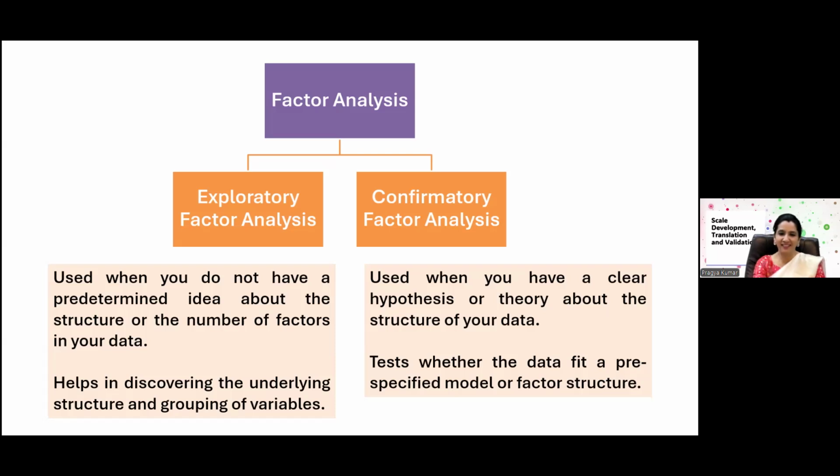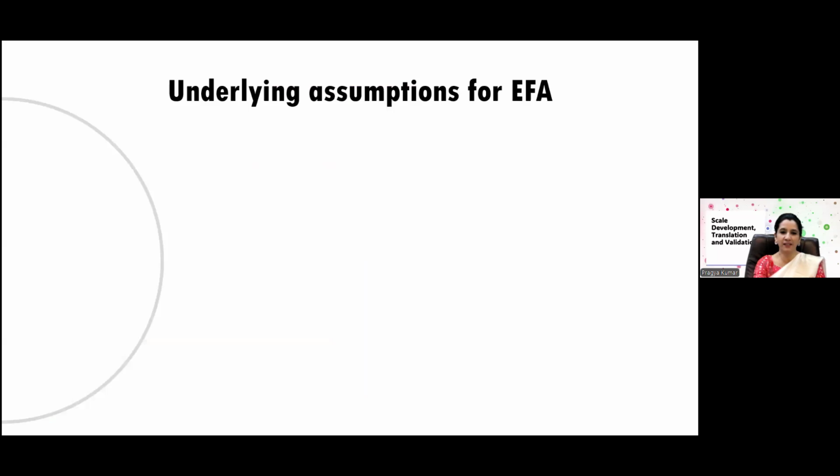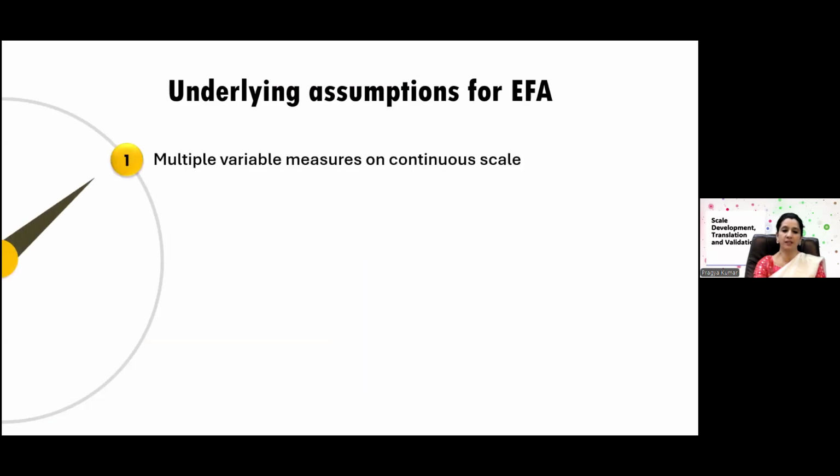So this was the confirmatory factor analysis. Now, there are some underlying assumptions of exploratory factor analysis. We are testing multiple variables on a continuous scale. So you cannot do exploratory or confirmatory factor analysis, or even the reliability analysis, Cronbach and McDonald, on binary responses.